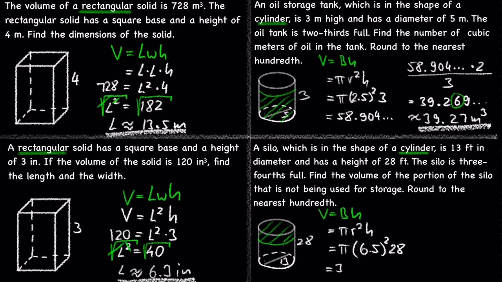So we get 3,716.504 and so on. 3 of 4 is full, so 1 of 4 is not being used. So we have to multiply 3,716.504 and so on by 1/4 or divide it by 4.